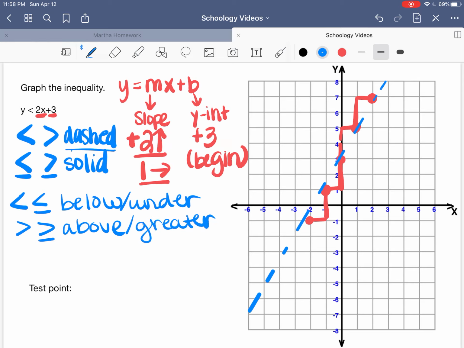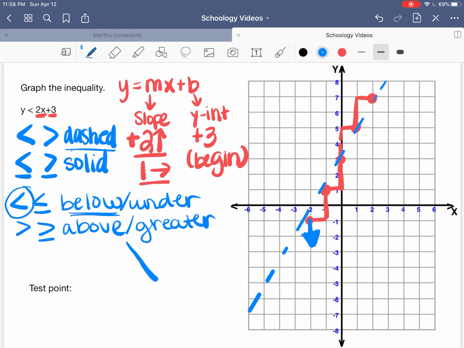All right. So here we were given less than. That means that you got to be under your line. One way that you can check is that you pick one of the points on your line. Let's say we're taking this one. And you're going to draw an arrow going down. That means that we're shading going downwards down here. That is not always going to be what's going to happen.